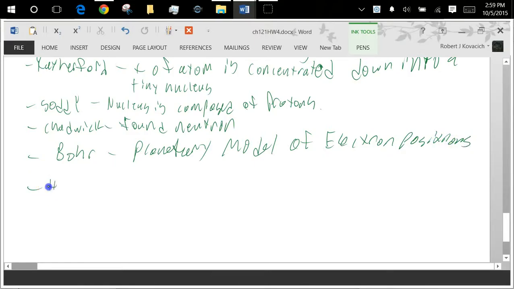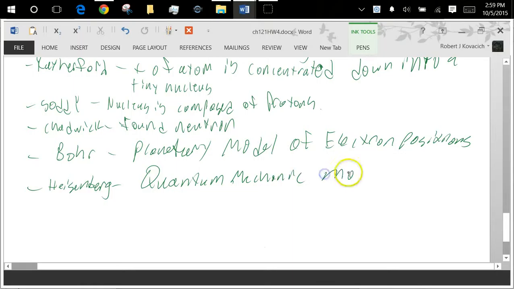And then Heisenberg. So he determined where the electrons are going to be using quantum mechanics, so basically math.